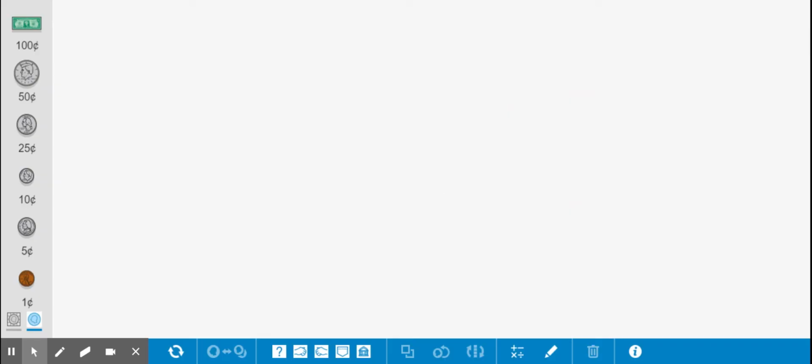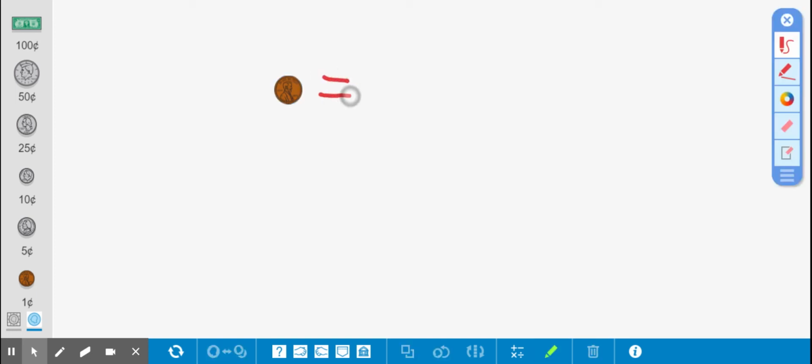And I want to say that 1 penny is now equal to, we read the number first, 1, and then its place, 100th. A penny is worth 1/100th. Okay, and if we want to express this correctly, we would put a dollar sign like that. And this would be read as 1 cent. 1 cent is 1/100th of a dollar.